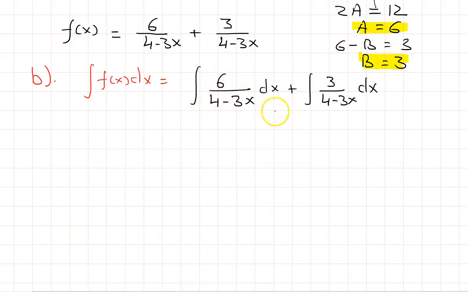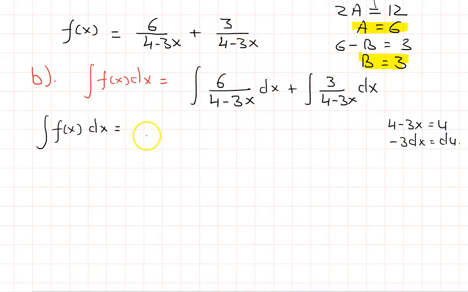Now let's solve the first part. So integral f(x) dx will be, let's say 4 minus 3x is u, minus 3 dx is du. So we have to write this, minus 3 times minus 2 is 6.